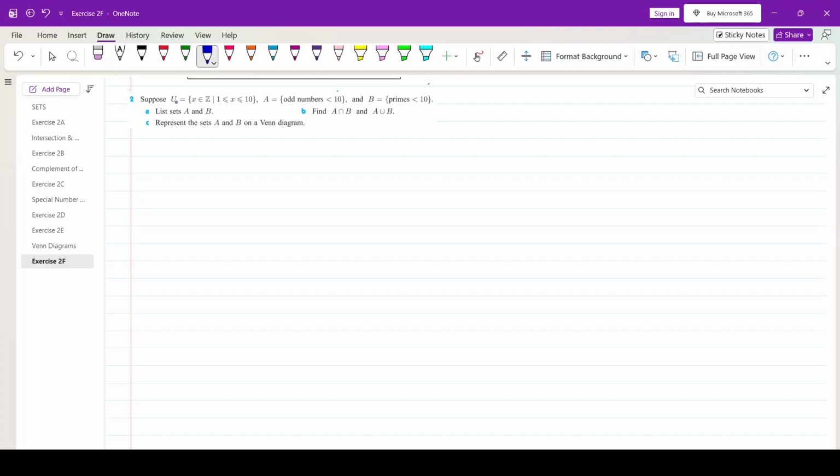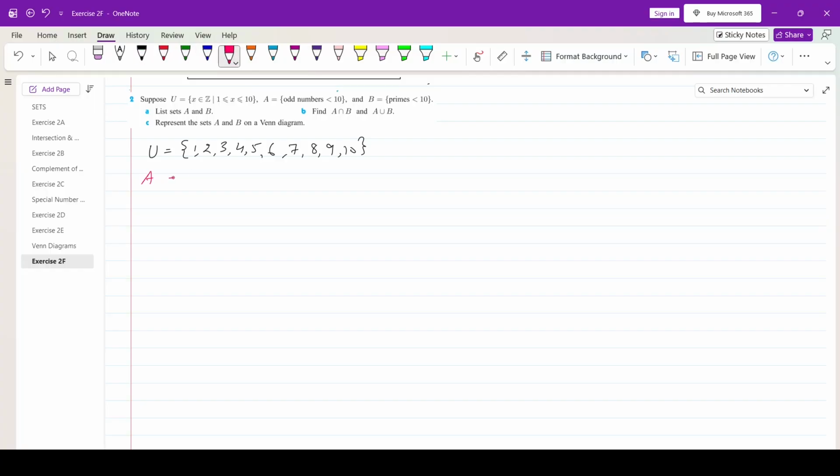Suppose U, that is universal set, is a set of all integers between 1 and 10 containing both. So we can write U is 1, 2, 3, 4, 5, 6, 7, 8, 9 and 10.